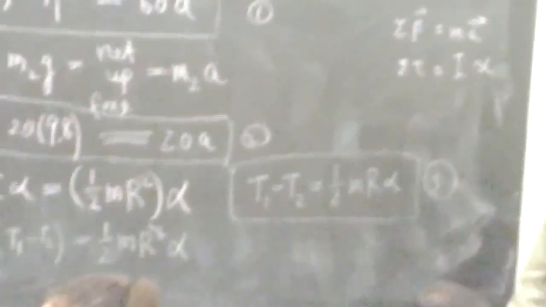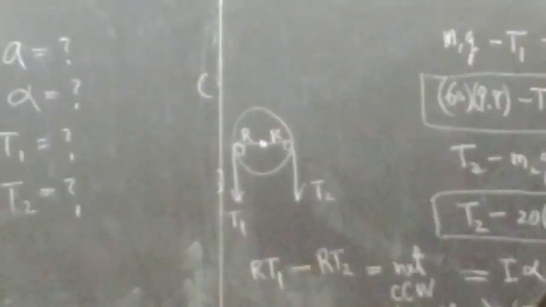We have three equations now. How many unknowns do we have? We have four unknowns. Very good. Anytime you add an equation, you add an unknown as well. So now we need the fourth equation. Where is that fourth equation?